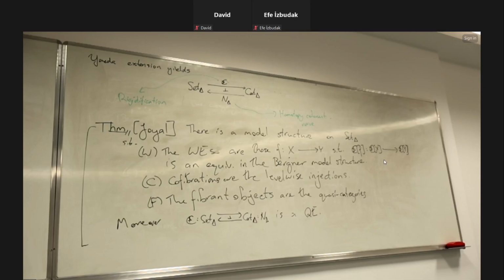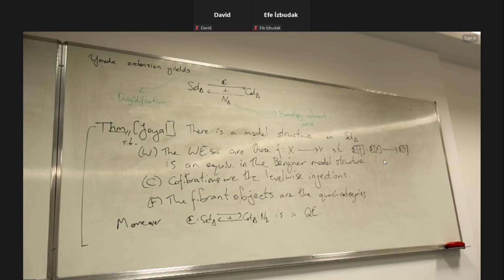Do you know when Joyal stated this? Where the weak equivalence is defined like this by Joyal, or you're following Lurie? So I am definitely following Lurie's convention here, but I think that this is also how they were defined by Joyal. It's actually somewhat tricky to characterize these so-called categorical equivalences of simplicial sets any other way.